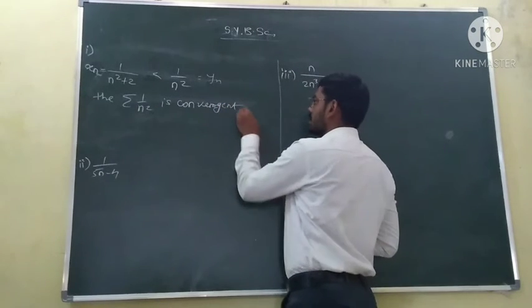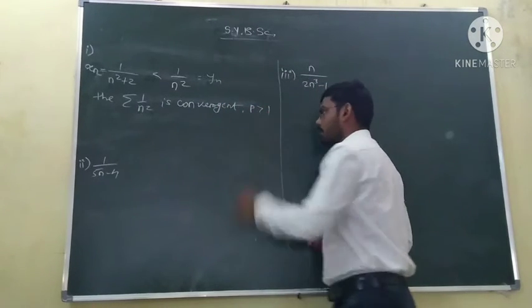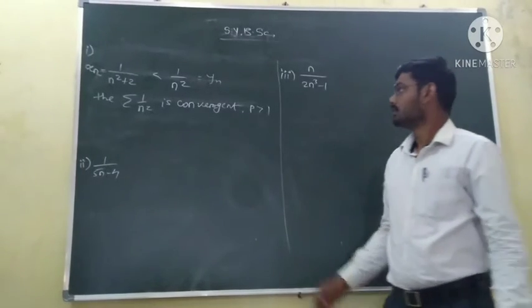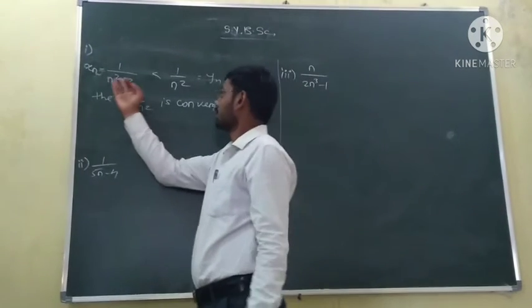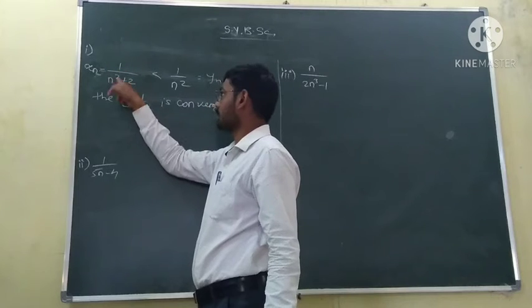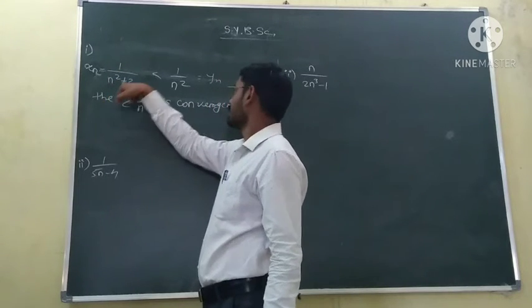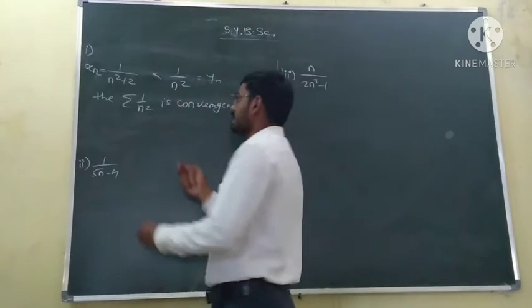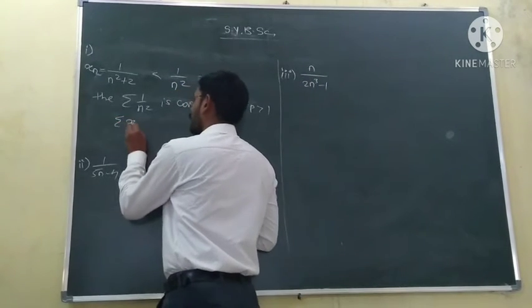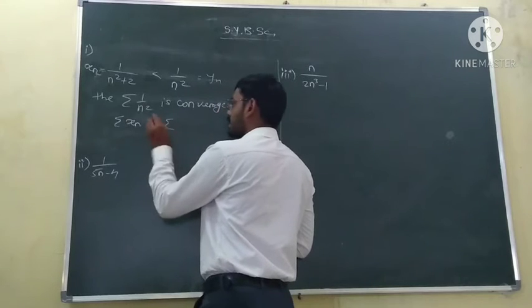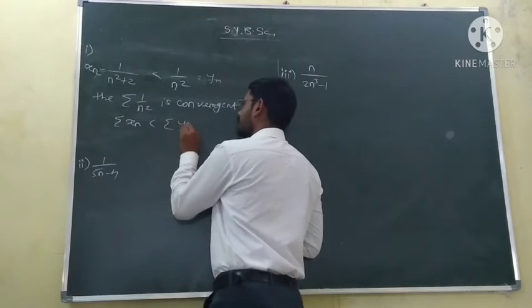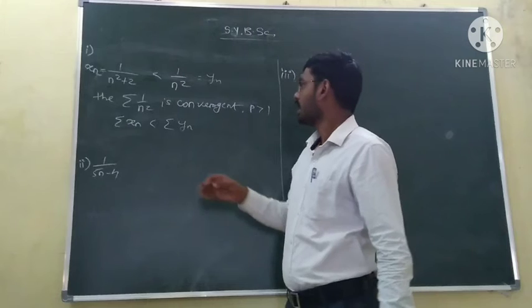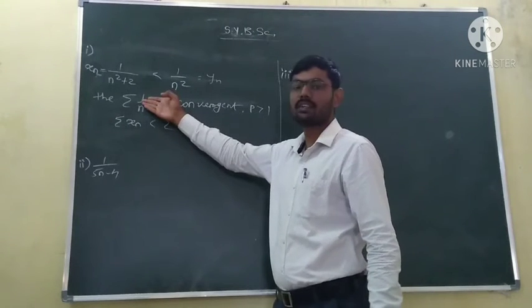Since it is a P series and the value of p is greater than 1, the series xn whose nth term is 1 upon n square plus 2 is less than the series whose nth term is 1 by n square. So series xn is less than or equal to series yn, and the series yn is convergent.